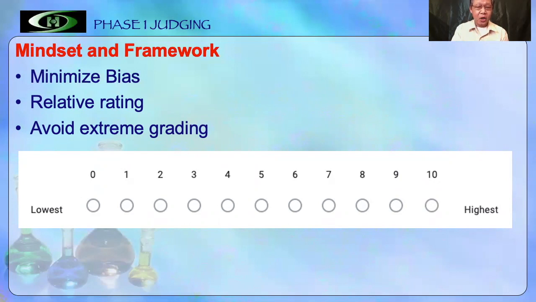Now, I know that some are lenient, some are very strict, and so we would like to eliminate that by saying that the very first project you rate, we would like you to start by rating them close to a 5. It doesn't really matter whether you think they're very high or very low. We would like you to actually think about central tendency. Rate them somewhere in between 4 and 6. That would be a good range to start with.